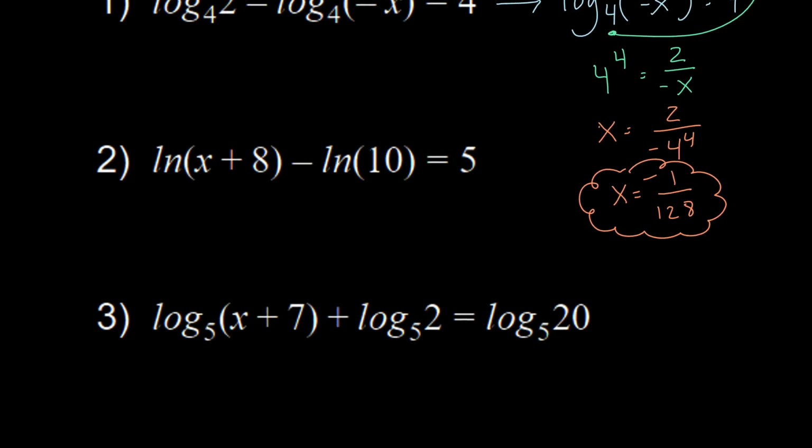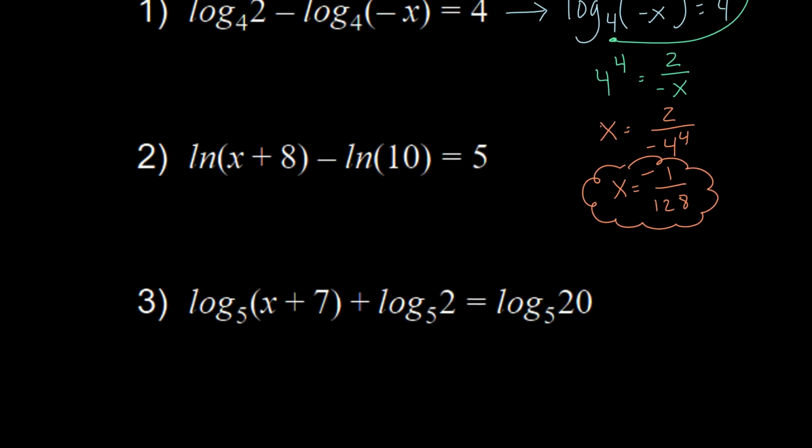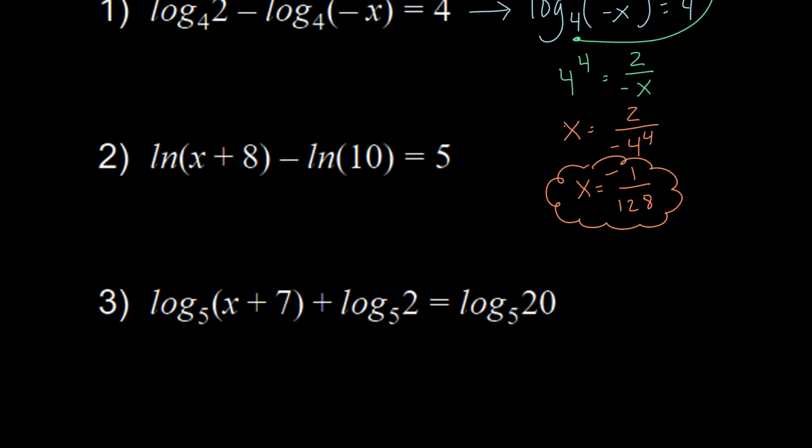What do I do first? We're subtracting again. So again, to combine the two ln's, the two logs, we divide. So what do I do next? I log roll, yes.